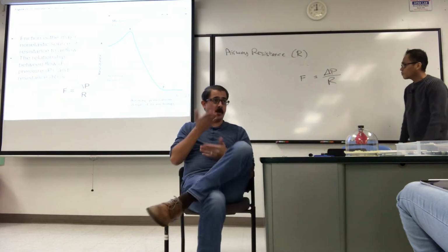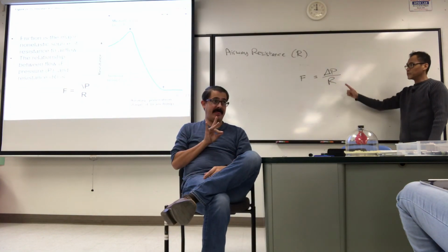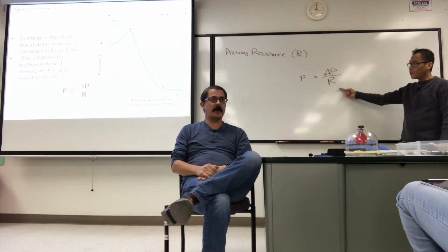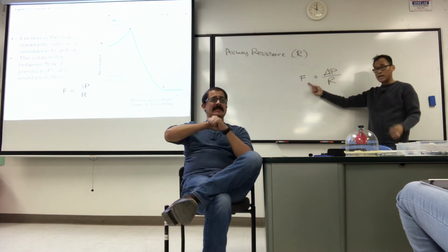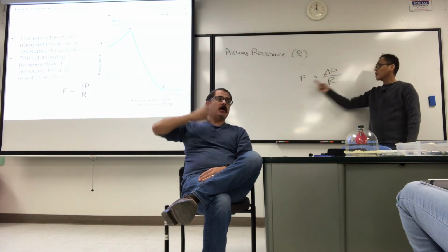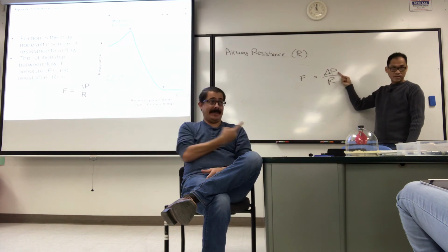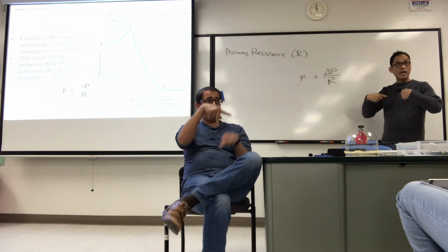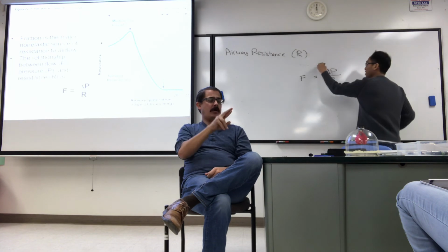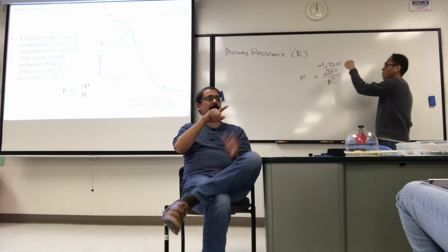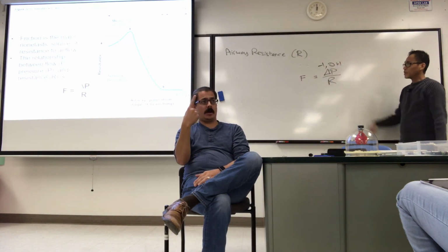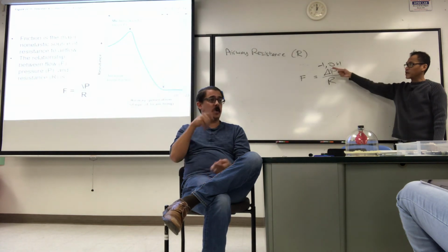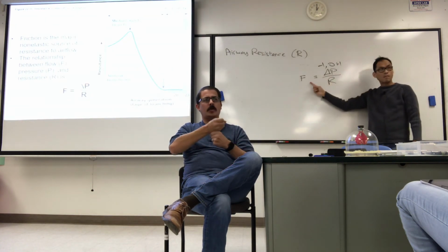So airflow is inversely related to resistance. If resistance is low, flow is good. That's kind of what we want in this system. Now, we did the delta P, like when you change the intrapulmonary pressure to -1, 0, +1. When you change that pressure, you cause air to flow.